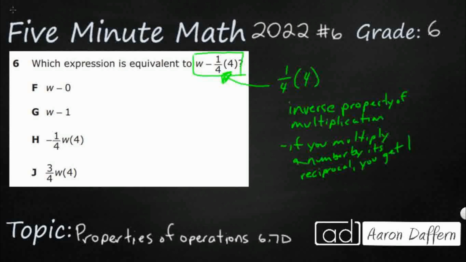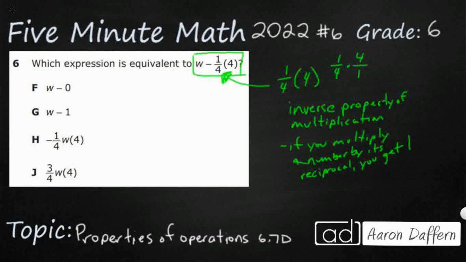We can't multiply a fraction by a whole number, but we can multiply a fraction by a fraction, which means I need to rewrite 4 as a fraction. 4 could be made into a fraction if it's put over 1.